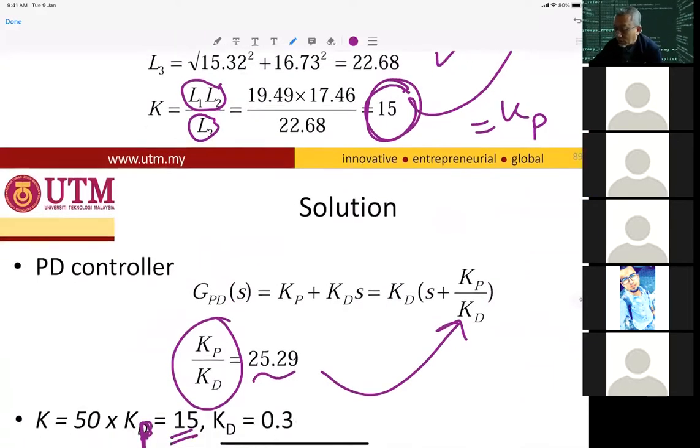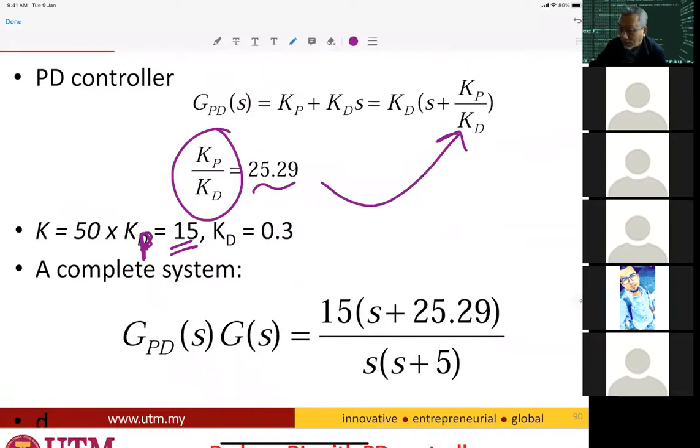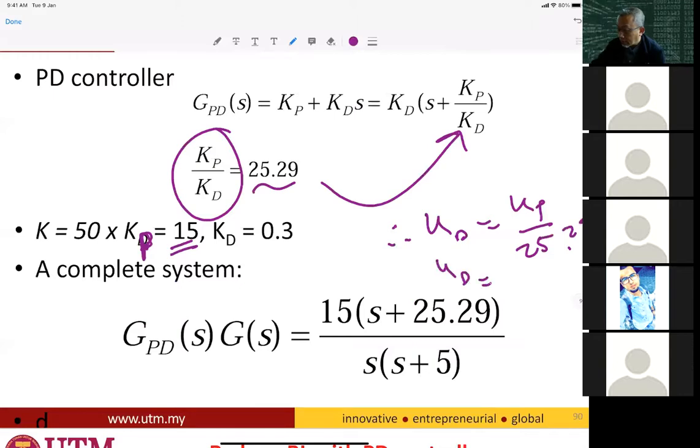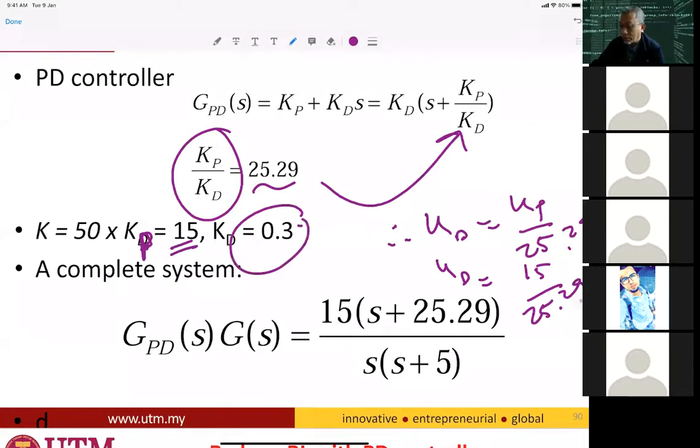KP is the proportional gain. KP is equal to 15, so therefore KD is equal to 0.3, which is KP divided by 25.29. KD is KP, 15, divided by 25.29, which is equal to 0.3.